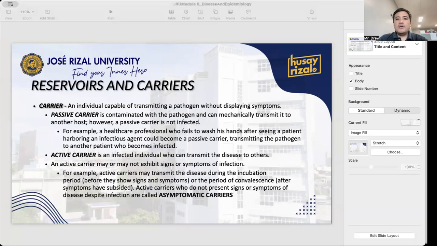So we have the carriers. We have the passive carriers, contaminated but not infected, for example, unwashed hands of healthcare workers. Active carriers, infected individuals transmitting disease. And then the last one is the asymptomatic carriers, who carry disease without symptoms.